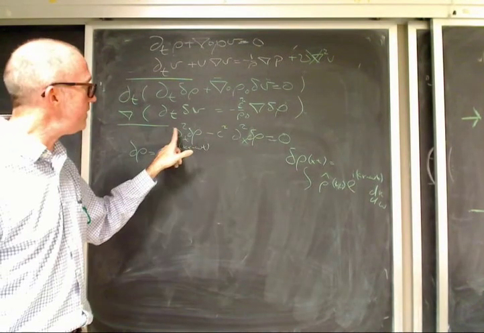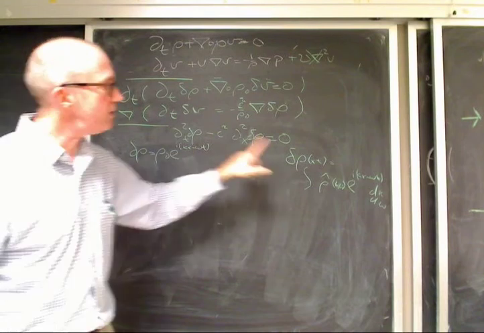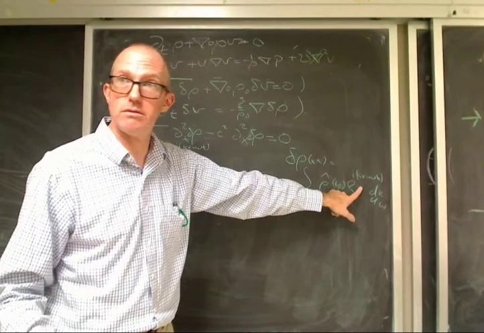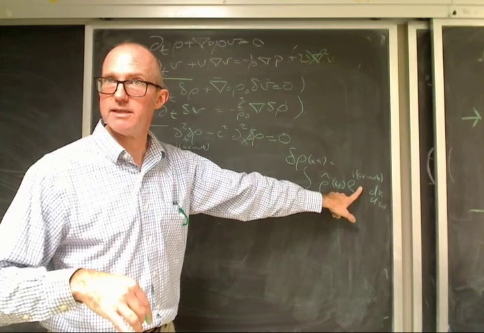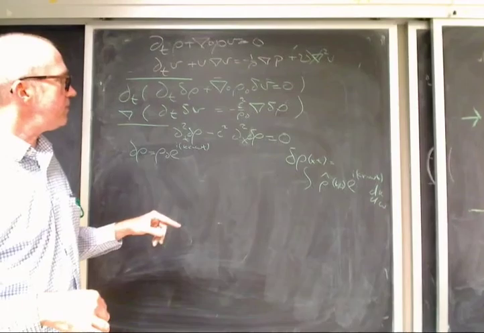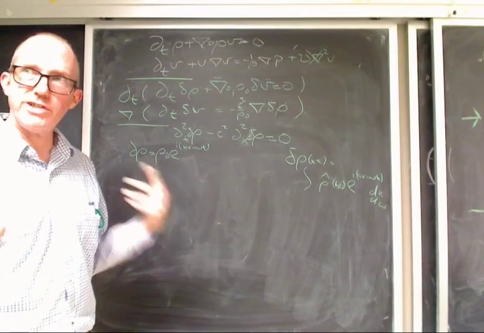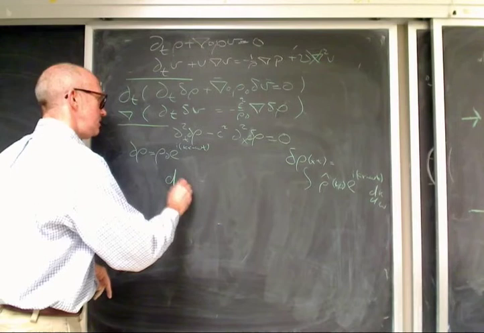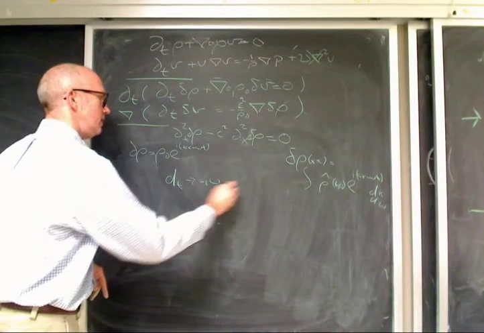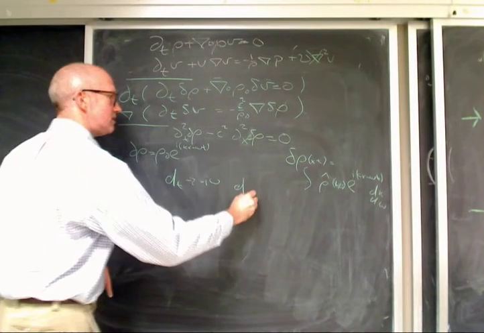And then the differential operators act on the exponential, and they bring down an i omega and an i kx. That's what I'm actually doing. But what I'm going to just write down is I'm just going to swap this: dt goes to minus i omega, and dx goes to i k.